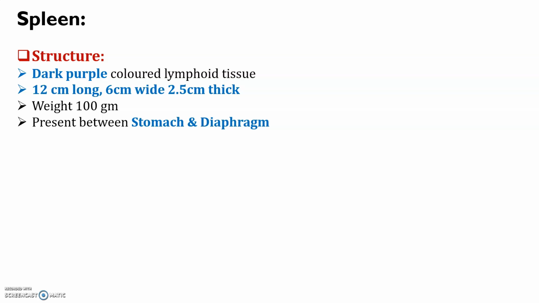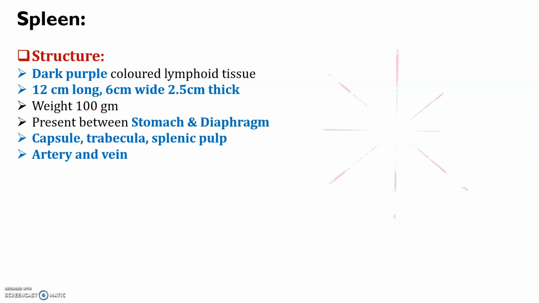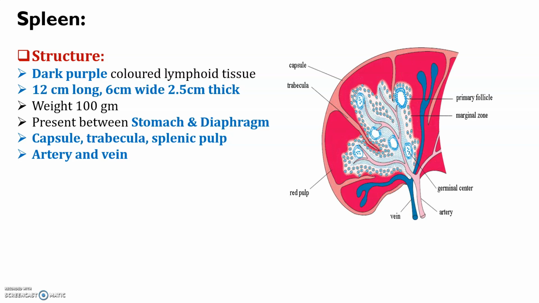Where is it located in the human body? It is present between the stomach and diaphragm. There is the presence of capsule, trabecula and splenic pulp, and arteries and veins also. This is the structure of the spleen: capsule as the outermost layer, then trabecula, red pulp which is also called splenic pulp, arteries, veins, and some primary follicles.